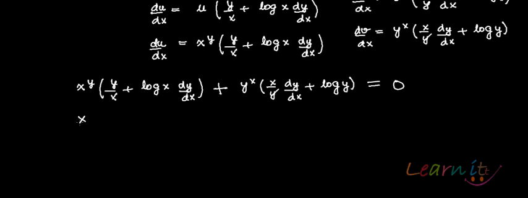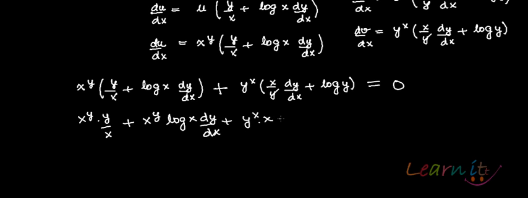Simplifying this, you'll get x to the power y by x plus x to the power y log of x dy by dx plus y to the power x into x by y dy by dx plus y to the power x log of y equal to 0.